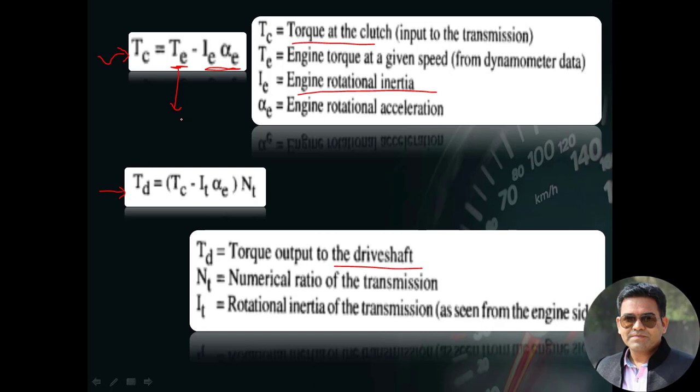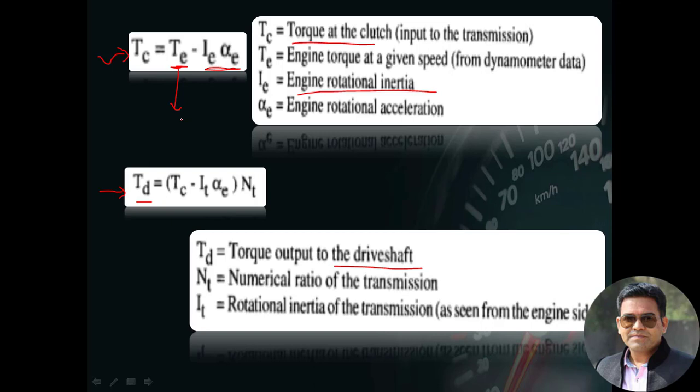In the transmission box, we have a number of gears on different shafts which are engaged with each other and are continuously rotating. So while calculating the torque at the drive shaft, we need to consider the transmission box.